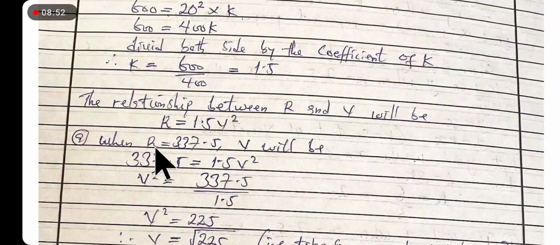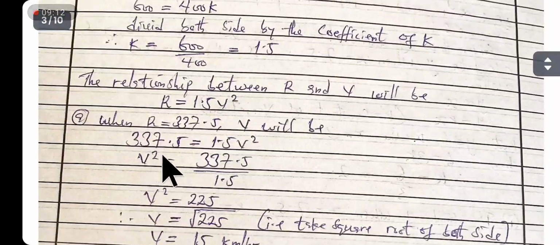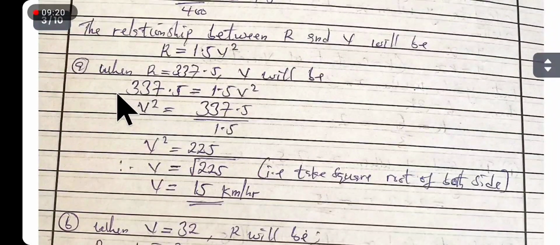So therefore, in place of R, we write 337.5, which is equal to 1.5 V squared. Here, we are going to divide both sides by the coefficient of V squared, which is 1.5. So therefore, V squared is going to be 337.5 divided by 1.5, which will give us 225.